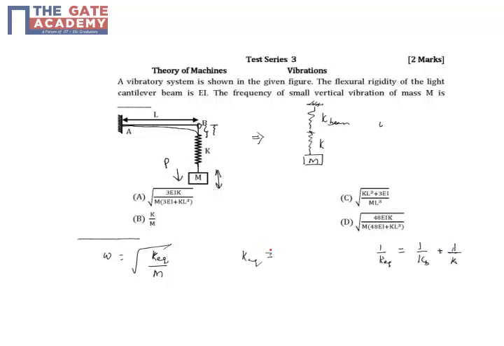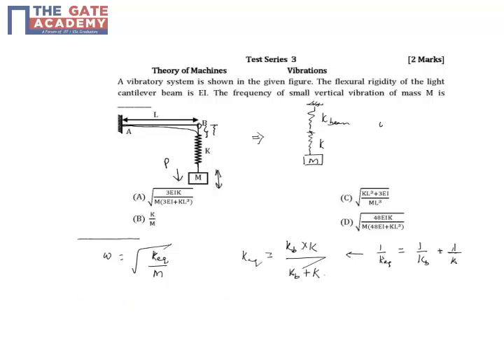So from this formula, since it's in series, K equivalent is KB into K by KB plus K. Now how do I get KB?